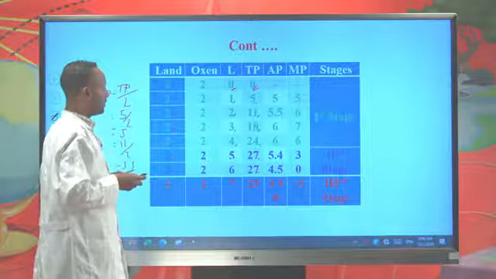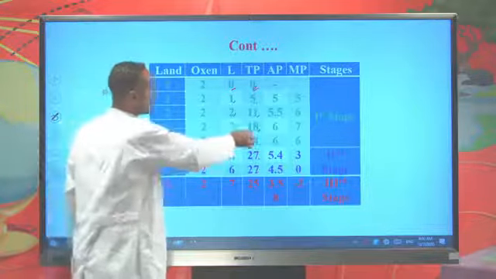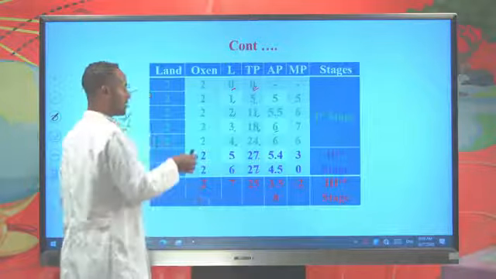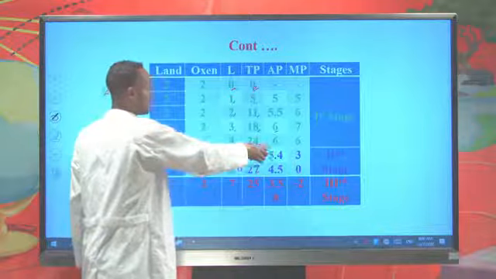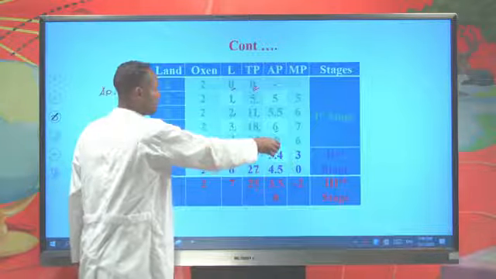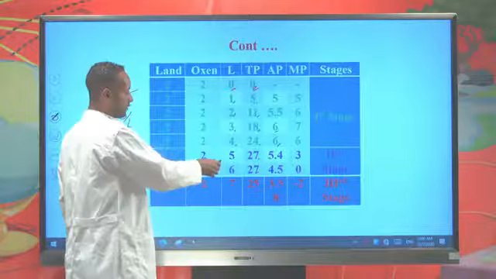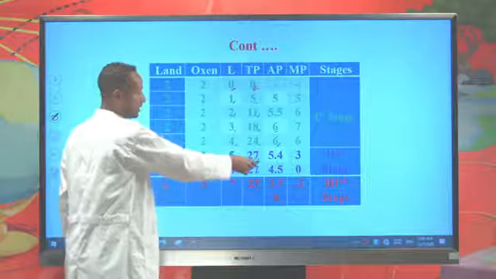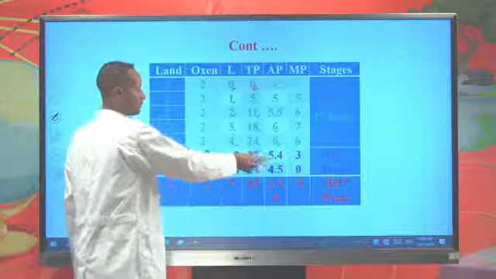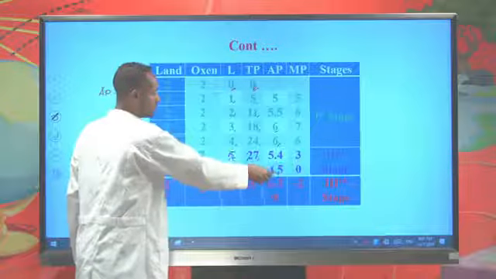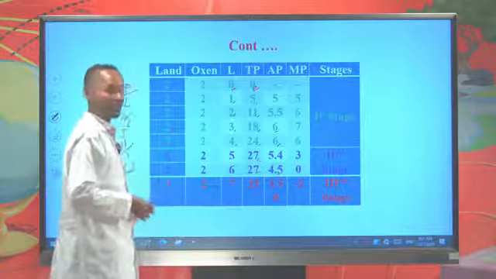Similarly, if 3 laborers produce 18 quintal, then the average product of one labor is 6, and if 4 labor produce 24 quintal, then one labor produces 6 quintal on average. If 5 laborers produce 27 quintal, then one labor produces 5.4 quintal on average, and if 6 labor produce 27 quintal, then one labor produces 4.5 quintal on average.